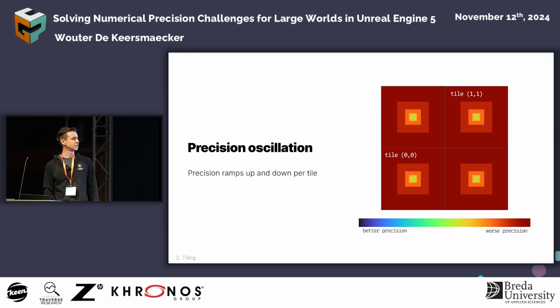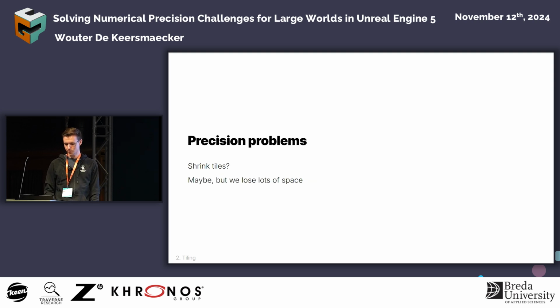And also conceptually, having these islands of precision is kind of worthless if you have to cross a sea of imprecision to get there. So we would much rather have a system that follows the semantics of regular floating point and gives us a nice contiguous zone with precision in the middle. So shrinking tiles is not a great solution overall.